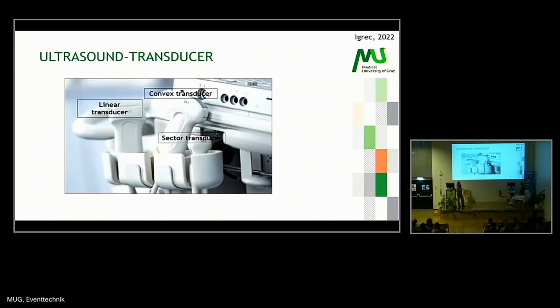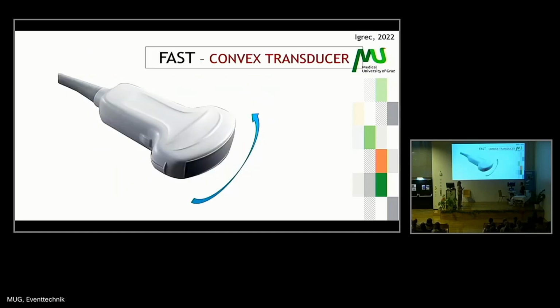We have all sorts of transducers, so which one is the right one? An experienced radiologist or somebody who is doing this examination can perform the examination with all of these three transducers. But we most often use this convex transducer because it is possible to look really deep into the abdomen and try to depict fluid in the best conditions.